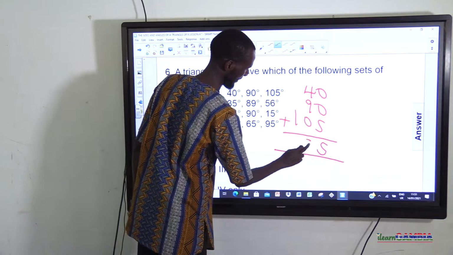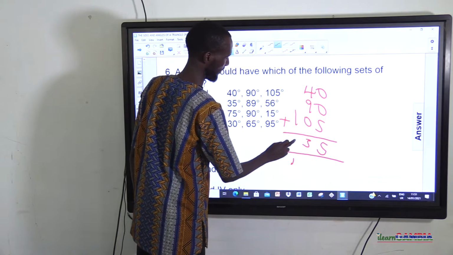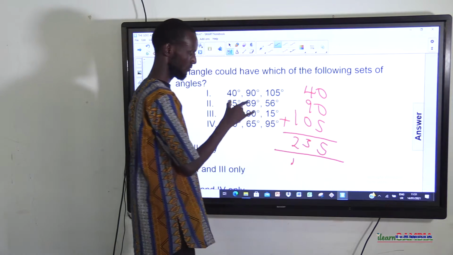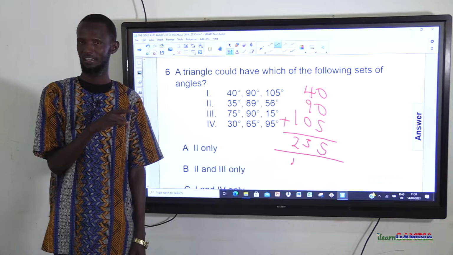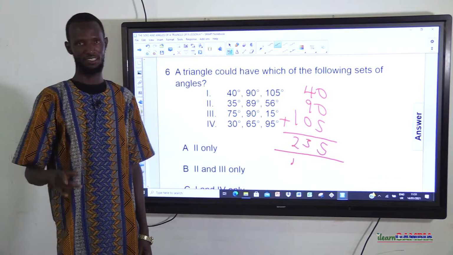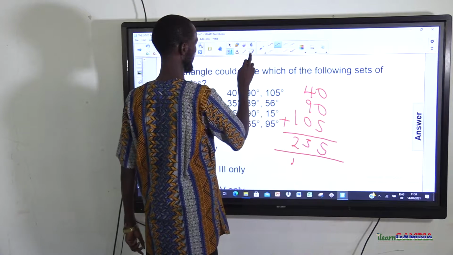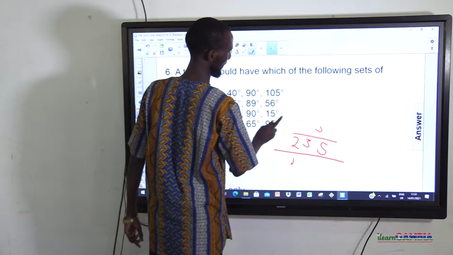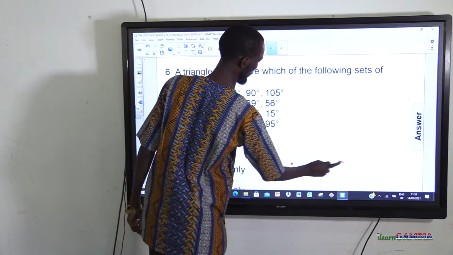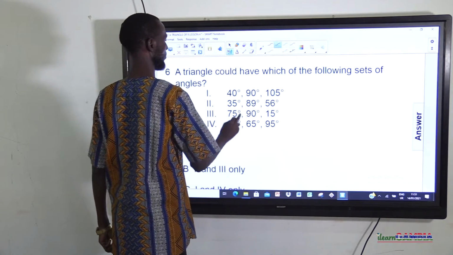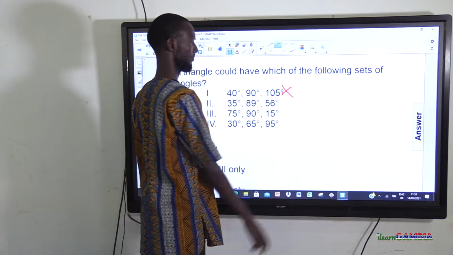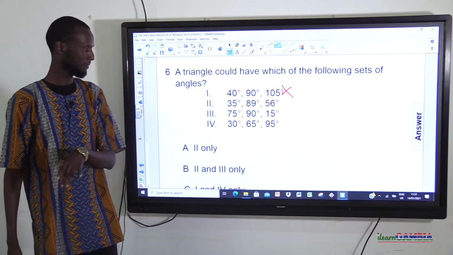That is 3 and carry 1. And 1 will give you 2. 235 degrees is not equal to 180. So this one doesn't form. So you can take that out. So we know this one? No. They don't form a triangle, okay?